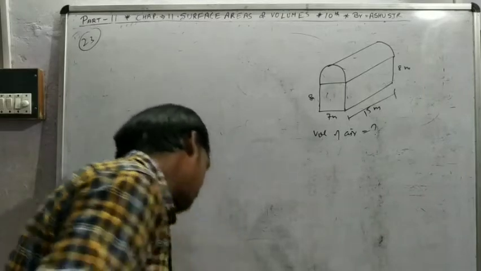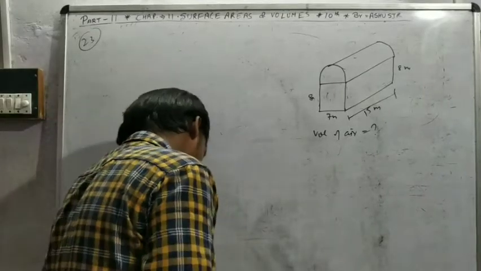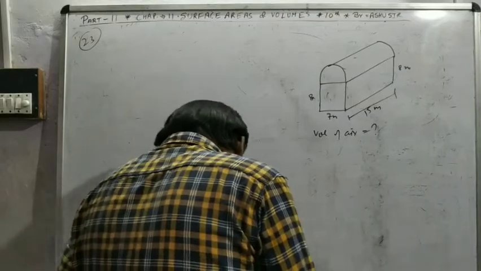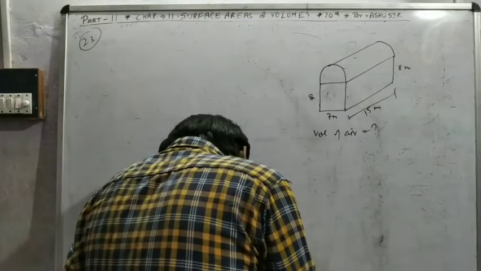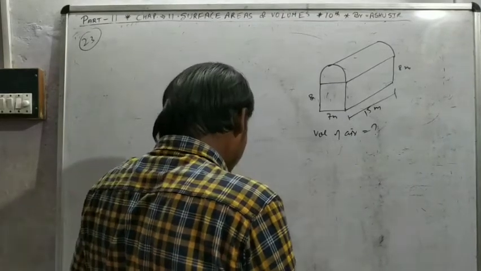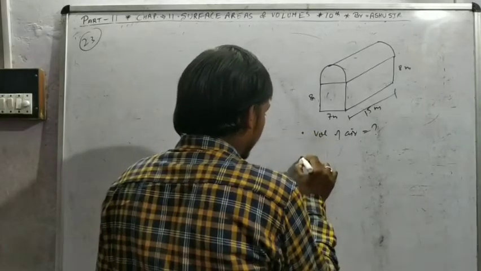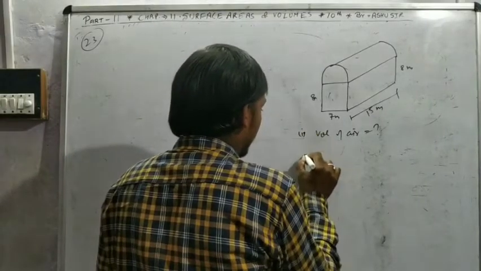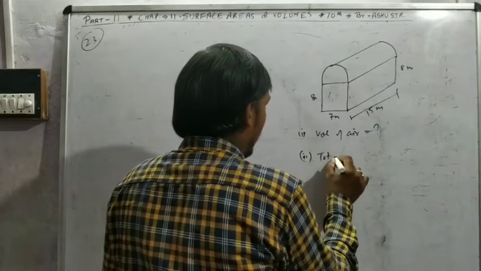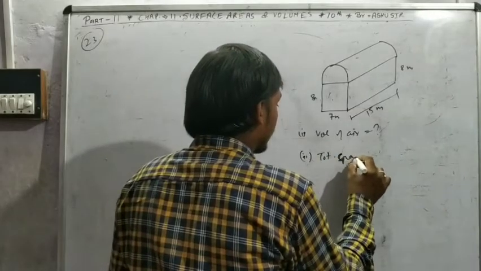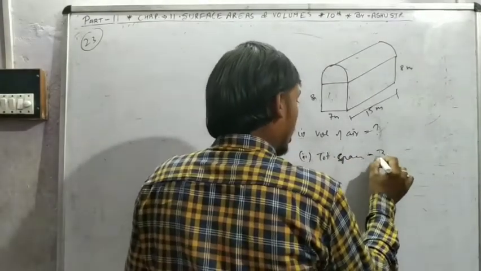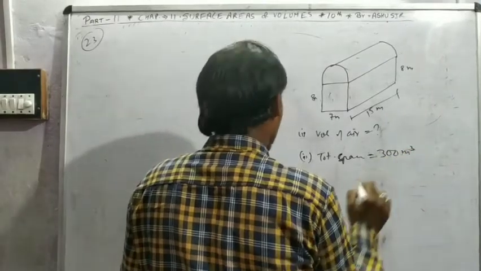Means total occupied space. Total space 300 meter cube.